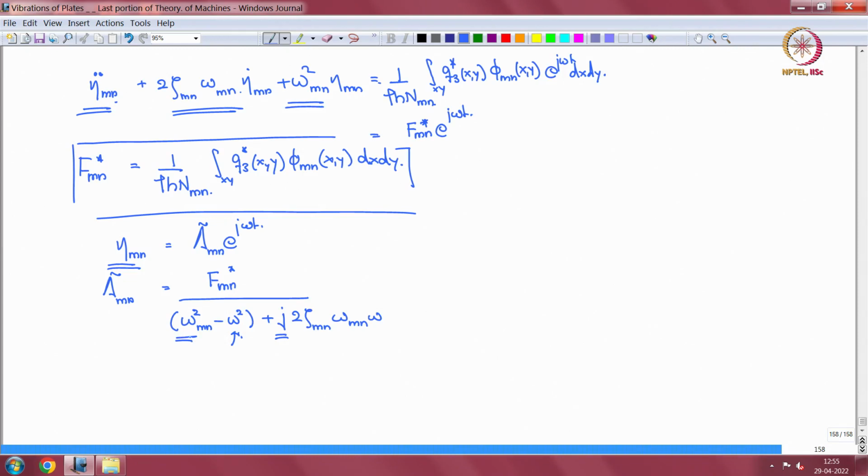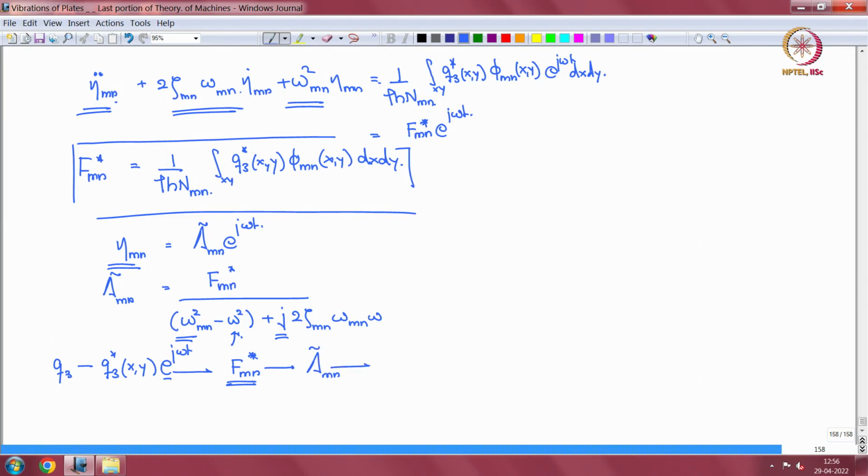So what is the deal now? If we know q3, which is in terms of q3 star x comma y e to the power j omega t, the harmonic force, then I can know my f mn star. If I know f mn star, I can know gamma mn tilde.